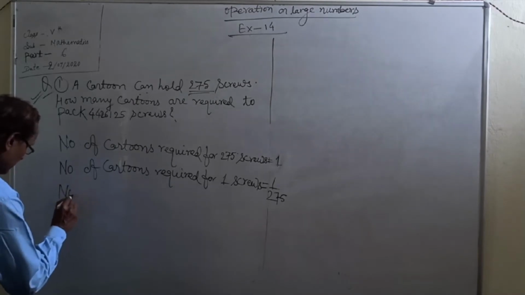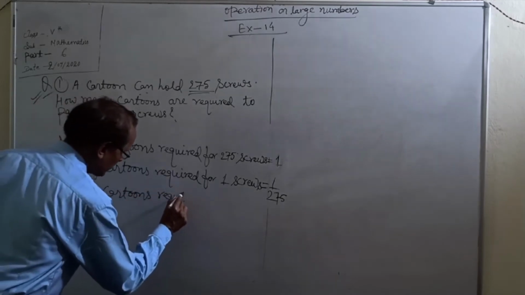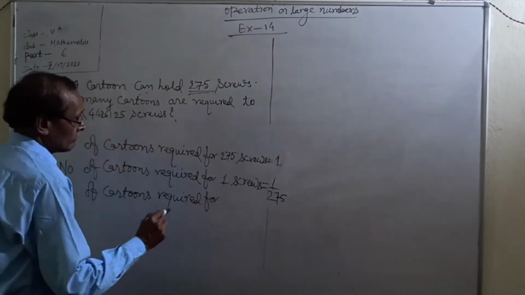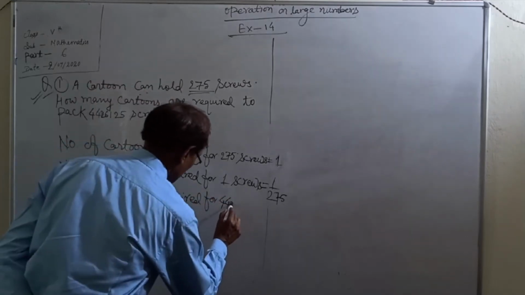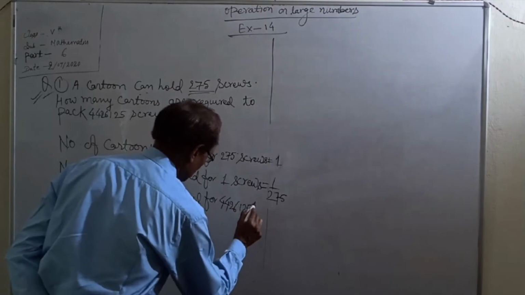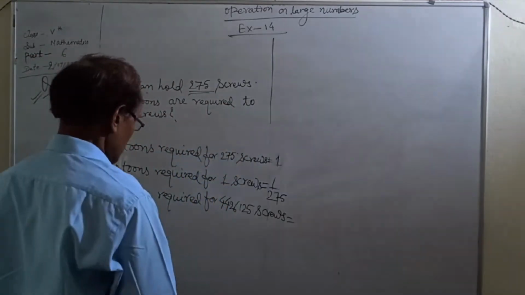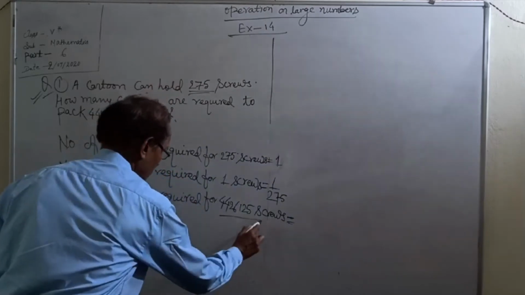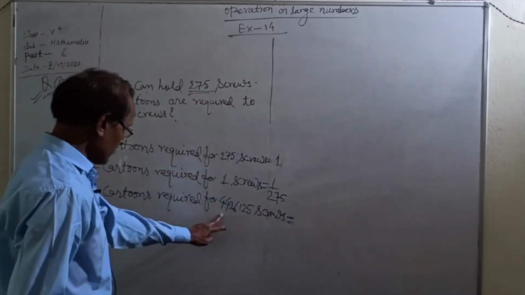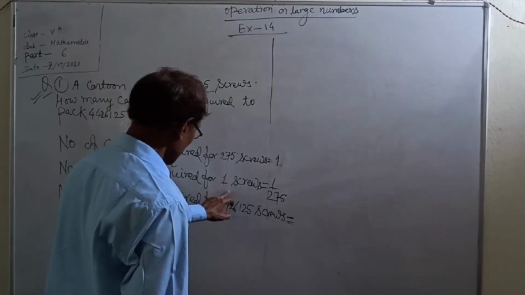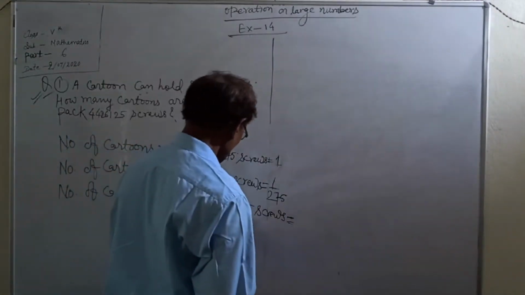Again, the next statement: number of cartons required for 44 lakhs 26,125 SKUs. For that many SKUs, the number of cartons will be more. Here we are increasing the number of SKUs, so we should require more cartons.